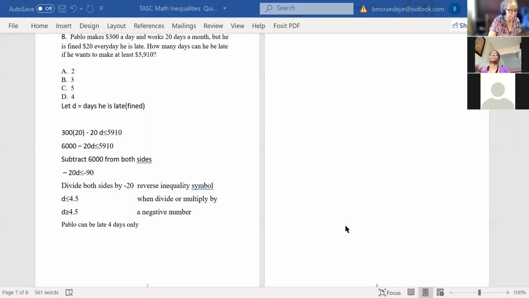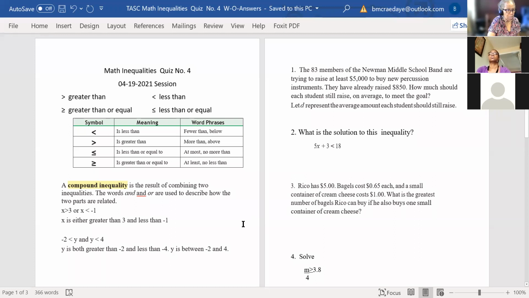Before we go to the algebra, I want to look at the inequality number 4, only because I want to look at compound inequalities also.